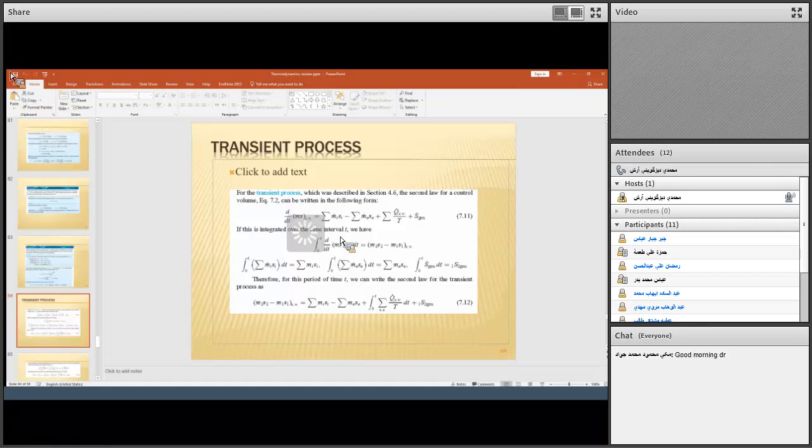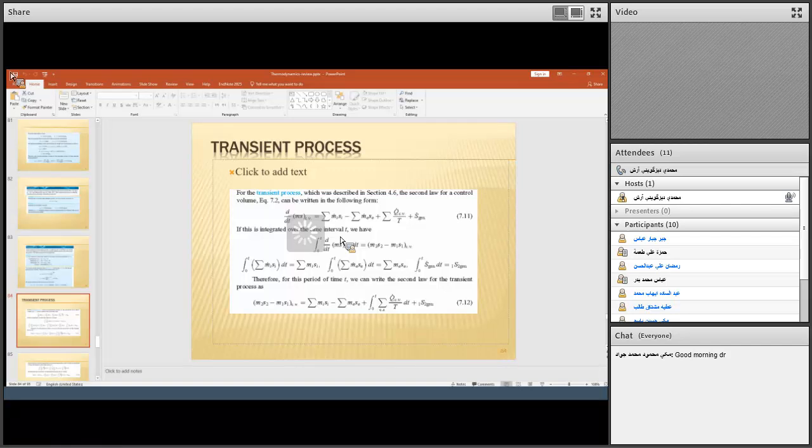So we integrate the right terms. The first term on the right, the integral between 0 and t of the summation of mass flow rate times entropy at inlet dt, equals the summation of m_i s_i. It means that we may have more than one inlet.